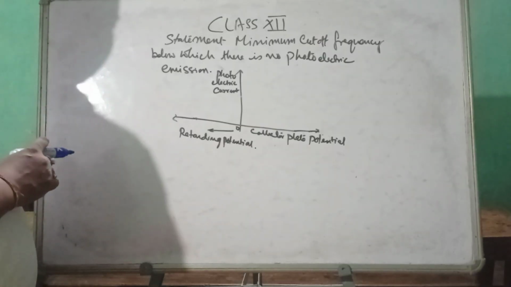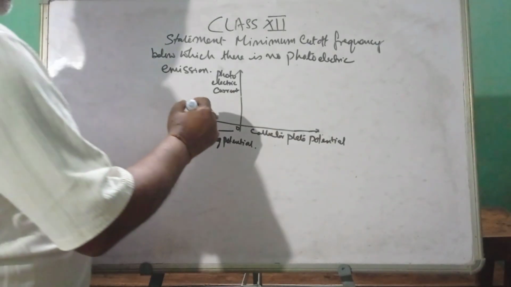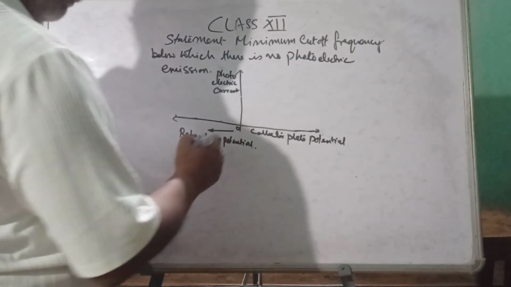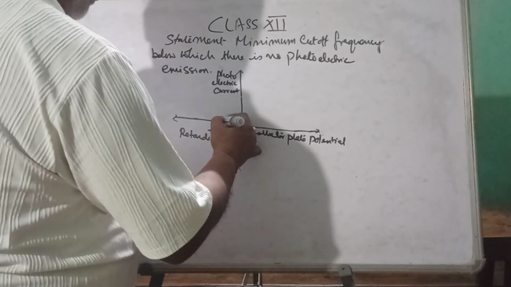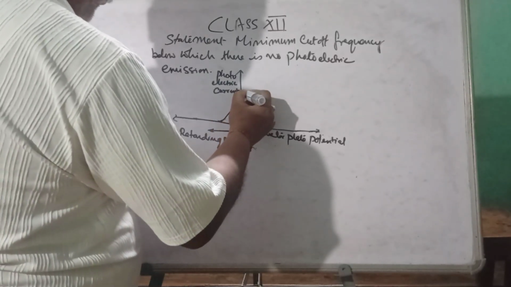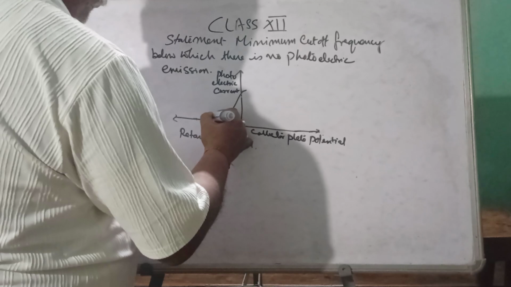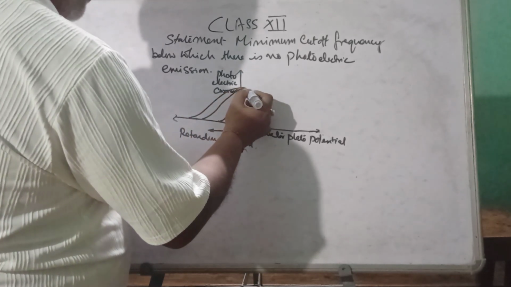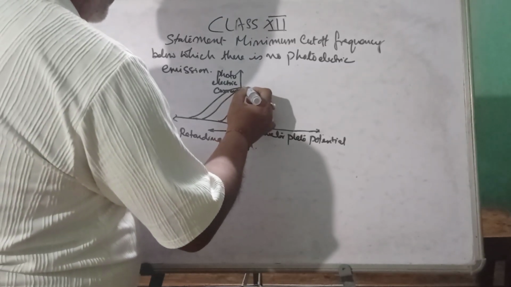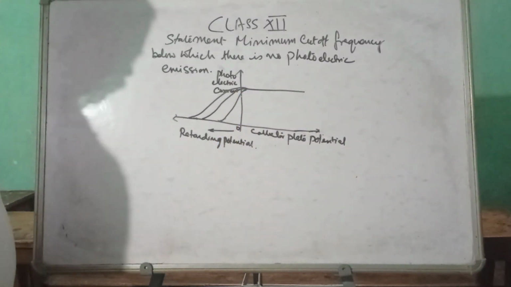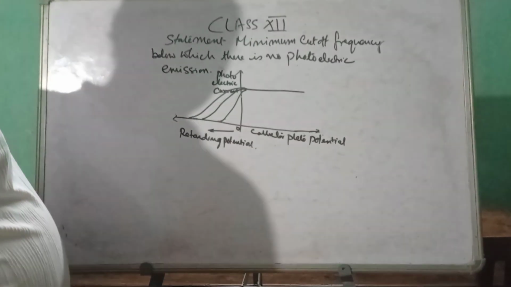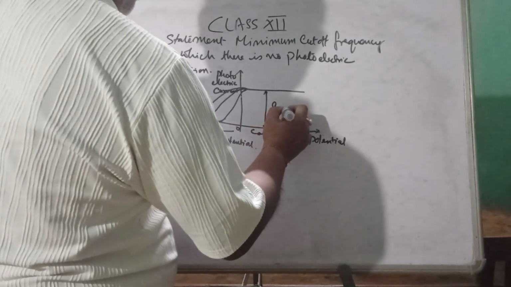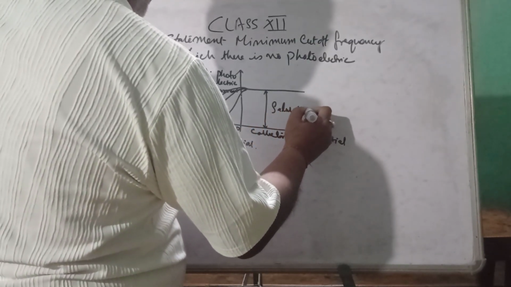They took different frequencies and found the graph; it was like this. Your saturation current was constant here.